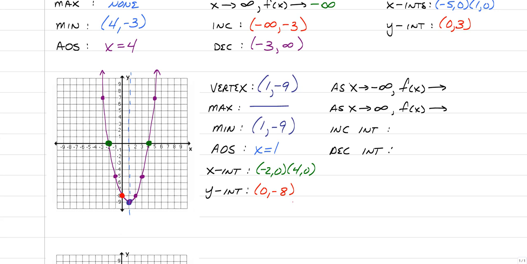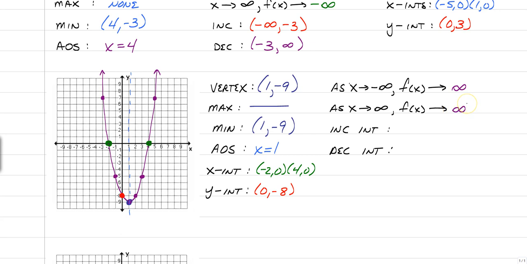Now we'll just discuss the direction of which everything is going. So as x approaches -infinity, this is our end behavior. So as x goes to the left, our graph is going up. So the function is going to positive infinity. As the graph is going to the right, or as x approaches positive infinity, the graph is still going up.